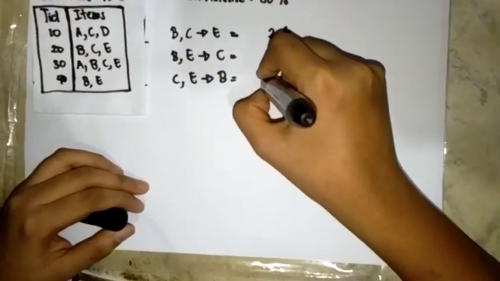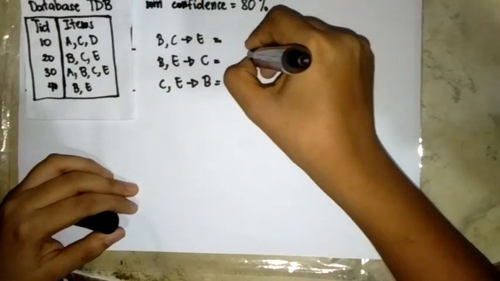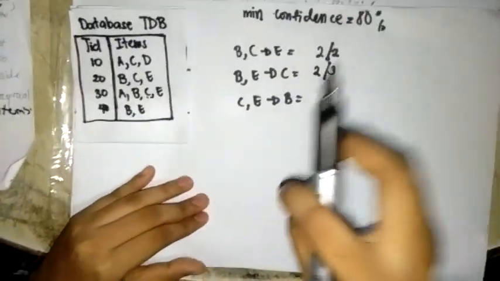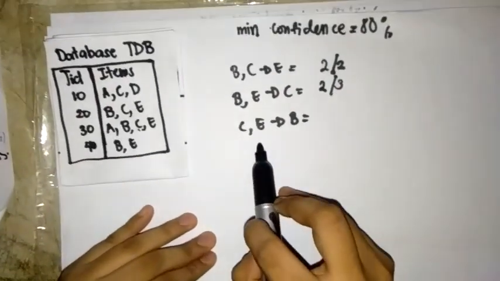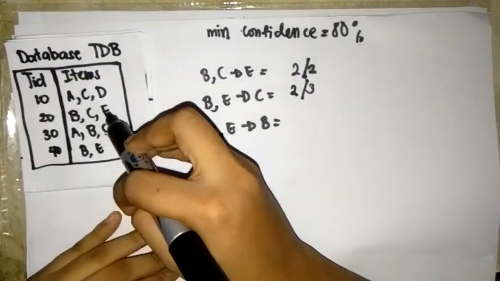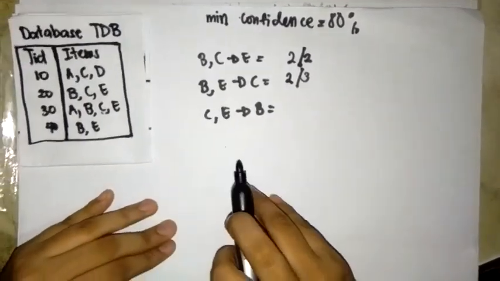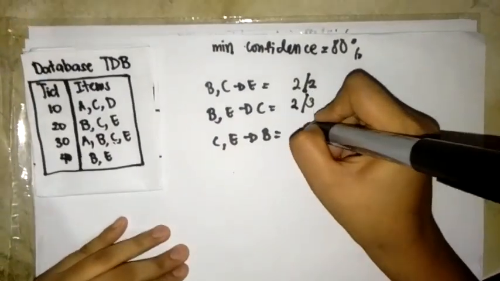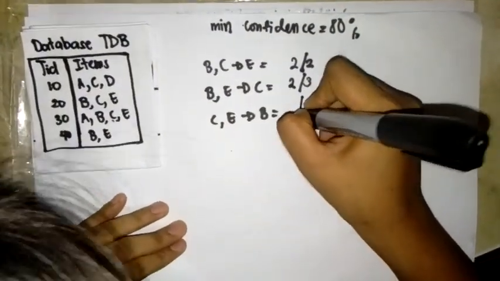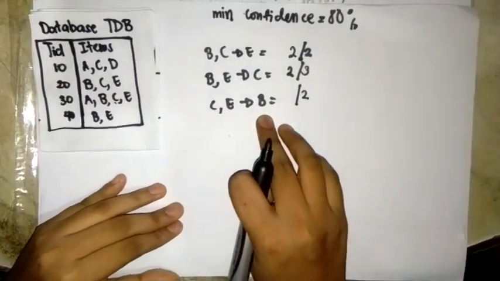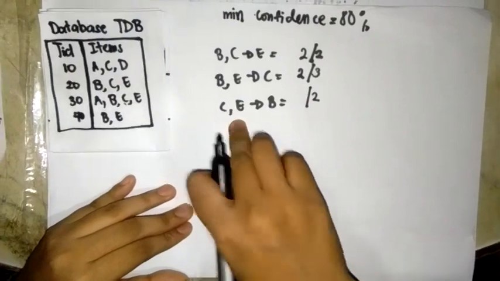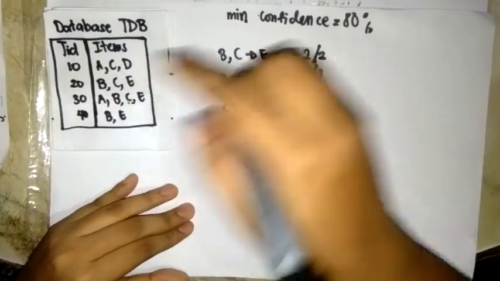So let's put the answer on the right side. How many B in CE? So we have 1 and 2.